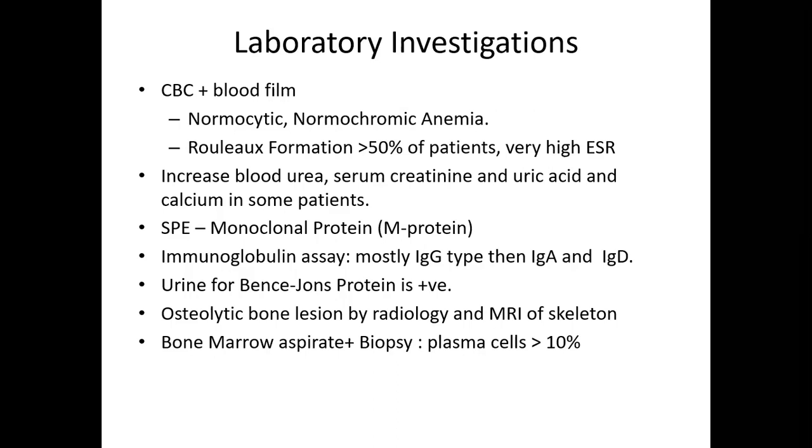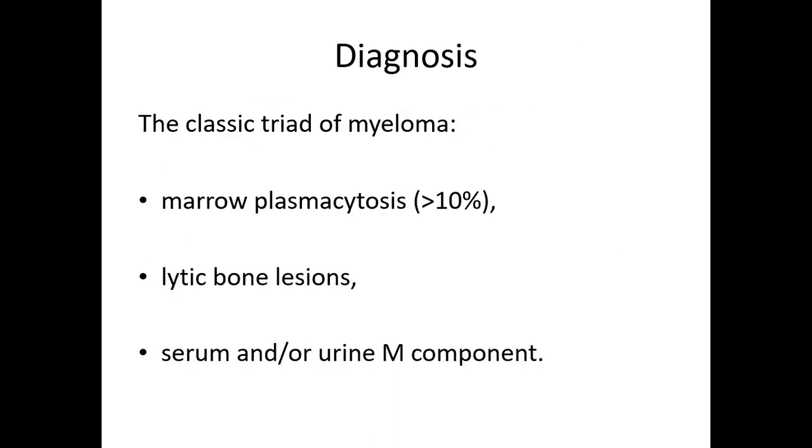If we take a biopsy, we will find infiltration by plasma cells. The diagnosis depends on finding the triad of myeloma: marrow plasmacytosis more than 10%, with lytic bone lesions, and serum or urine M component.